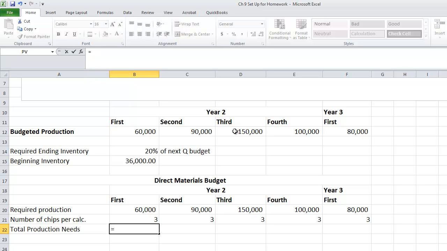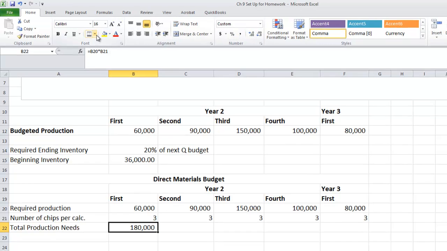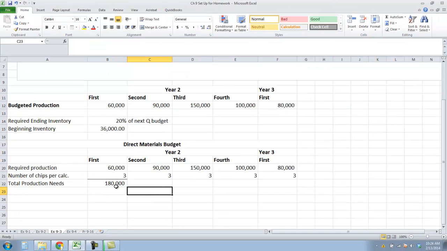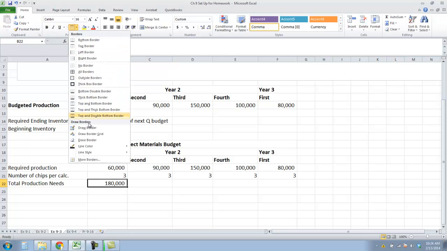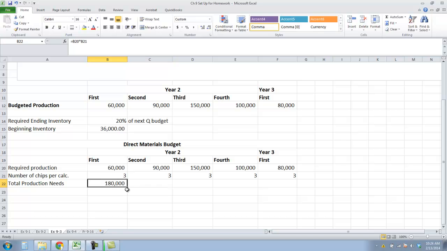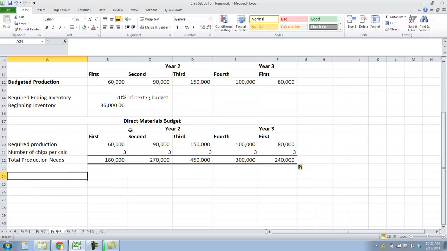So we need 60,000 units, and each of those needs 3 chips. So I need a total for the first quarter of 180,000 chips. I'm just going to drag my formula over so that all of these are multiplied by 3. So this is my production needs.